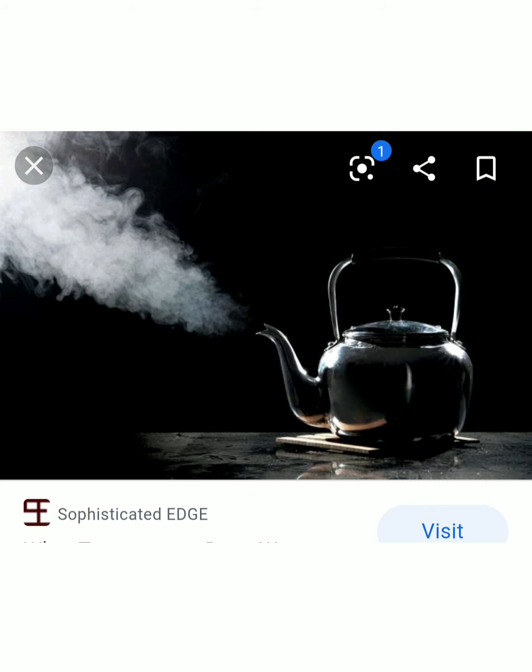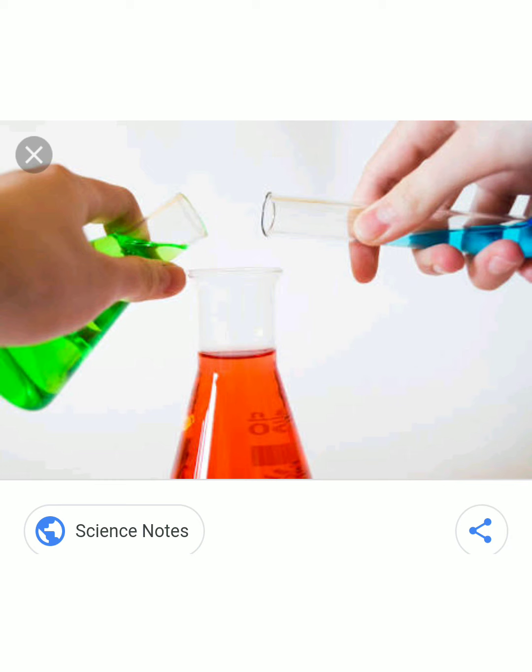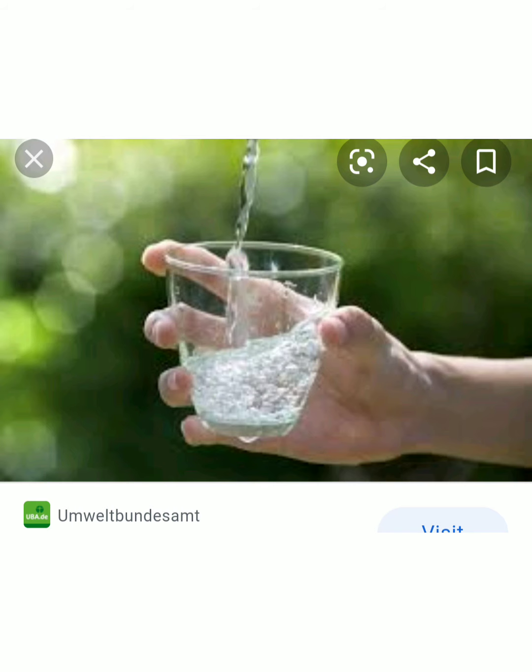We revised it again. Today let's perform an experiment. What are the materials required for this experiment? Water is the first one.